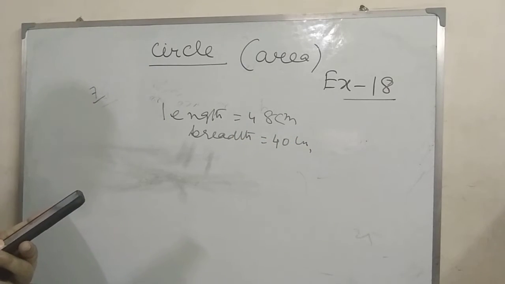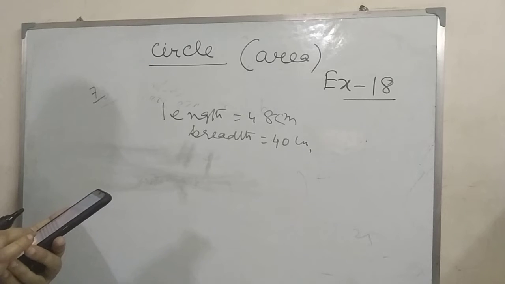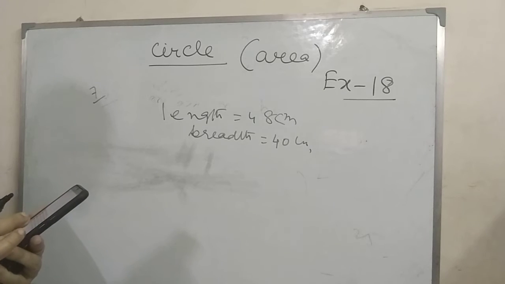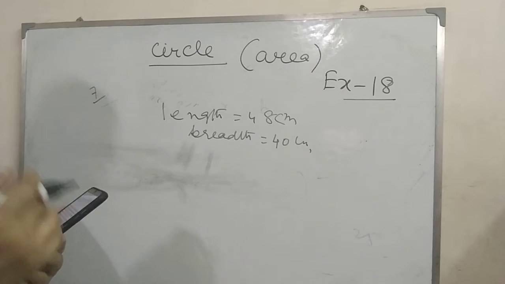But Reba bent the copper wire of the same length in the form of a circle. Let us calculate which will cover the maximum place between the rectangle drawn by Sumit and the circle drawn by Reba.